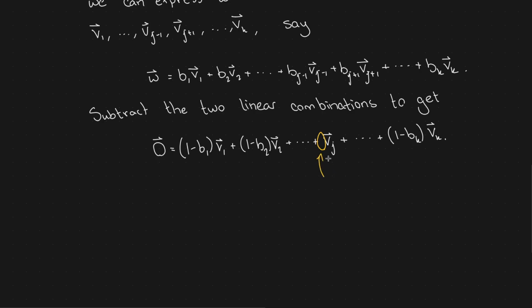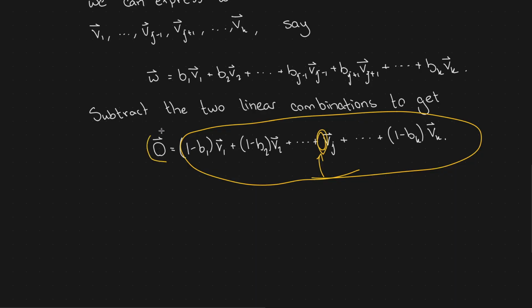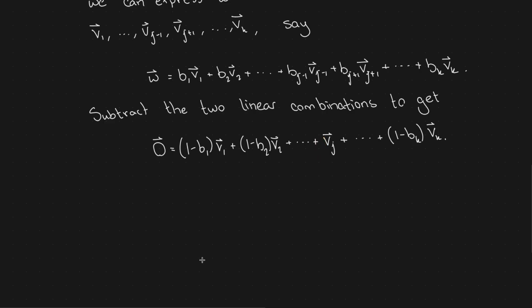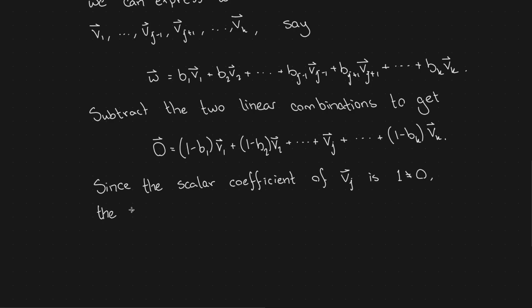And that's what I need to show, that there's one coefficient here that I could set not equal to 0 and make this linear combination equal to the vector 0. Since the scalar coefficient of Vj is 1, which is not 0, the claim is proved.